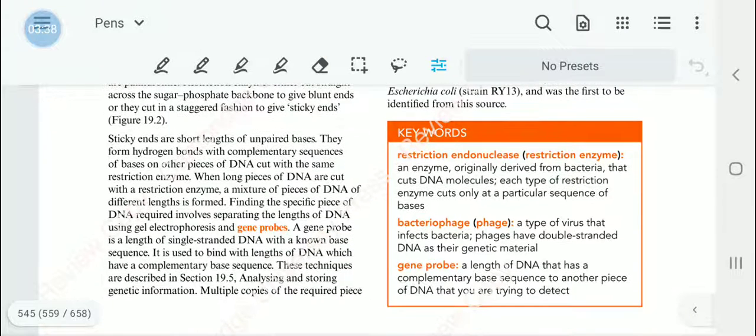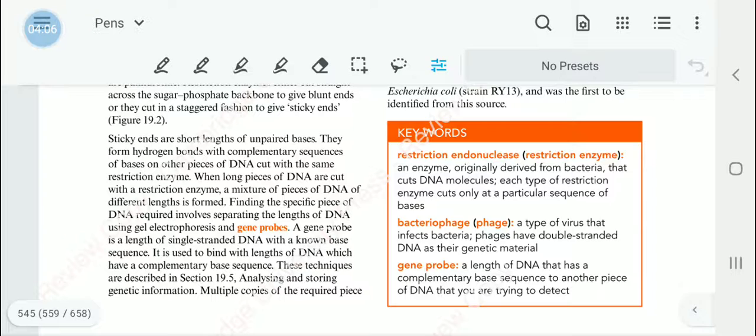You can identify these cut pieces by using a complementary gene probe. A gene probe is a length of single stranded DNA with a known base sequence. When it is used, it will bind with the DNA length having the complementary base sequence.